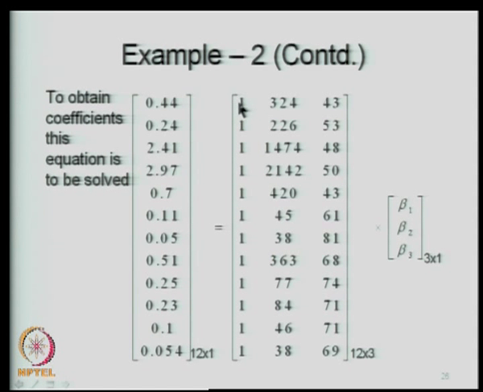We are writing essentially in terms of 3 variables now. The first variable we make as 1, so that we get beta 1 as the intercept itself, the second variable is area in this case, and the third variable is the rainfall. So, we are writing y is equal to x into beta. This is 12 by 1 and this is 12 by 3 and this is 3 by 1, the size of those matrices.